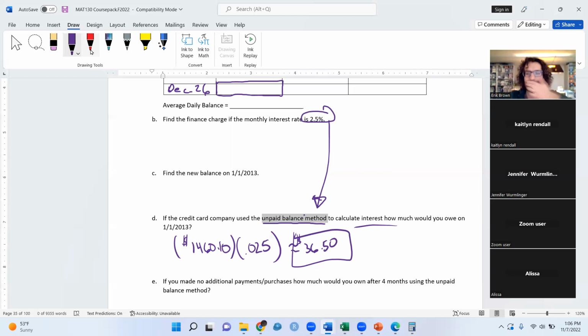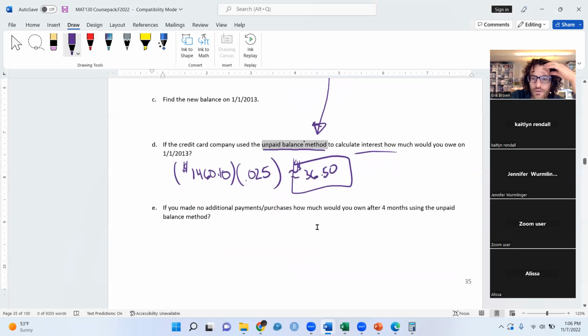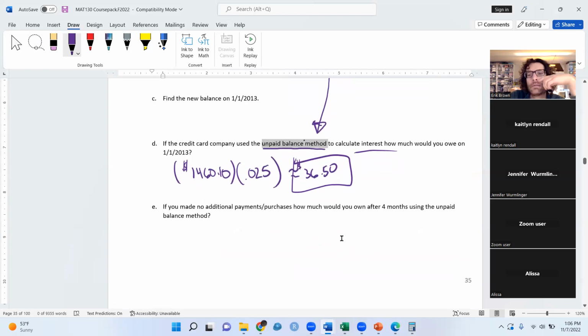So how are we feeling on that? Are y'all feeling good on that? This piece for 3.3. Guess I should have told you what page we're on. Page 35.